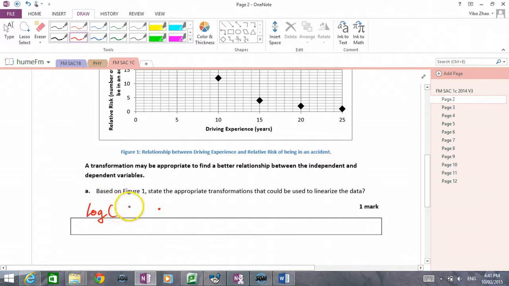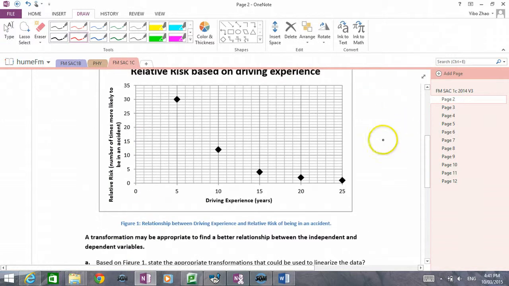I can do log y, but I can't write down y. Okay, because remember for the graph we have x and y.